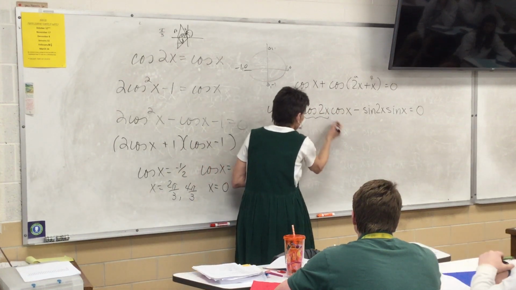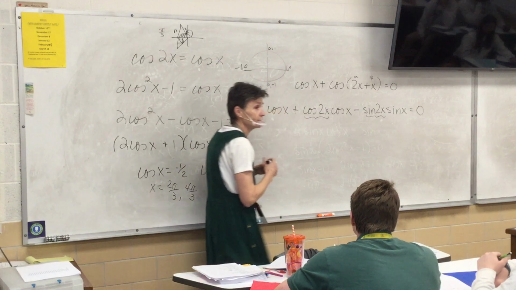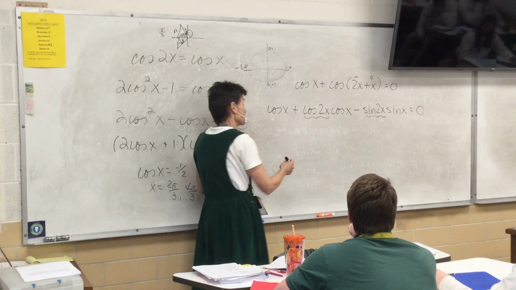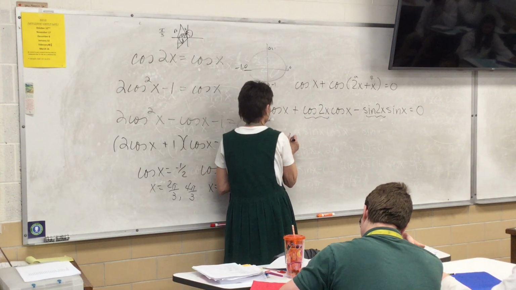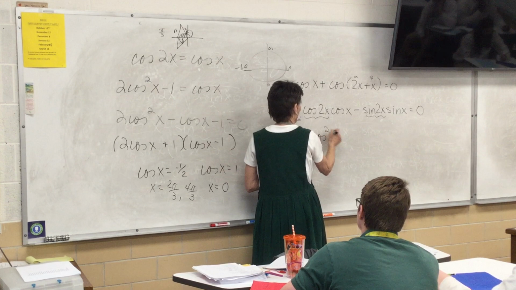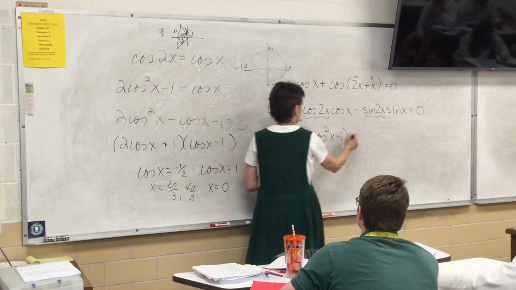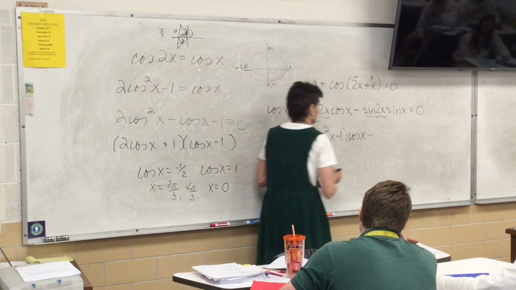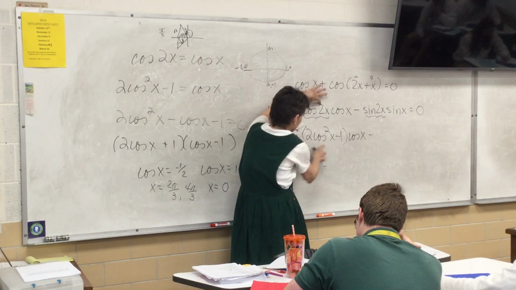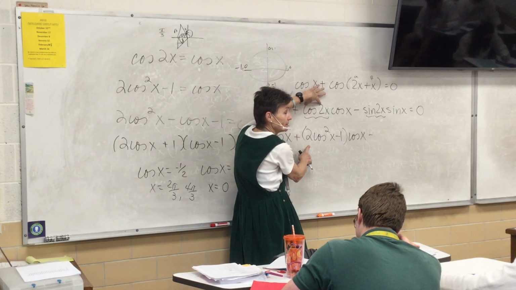Do these bother you at all? They should. We don't want them in there. So you just have to decide, and I have no idea. Let's make that 2 cosine squared minus 1 again. I just changed it into 2 cosine squared minus 1.